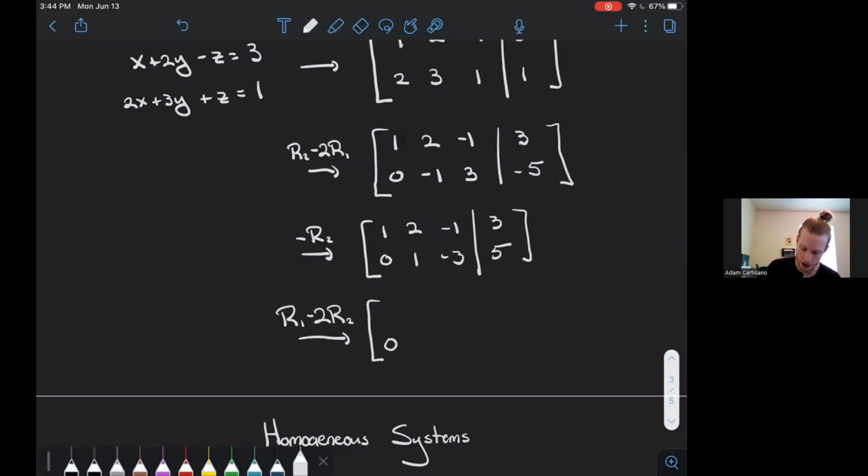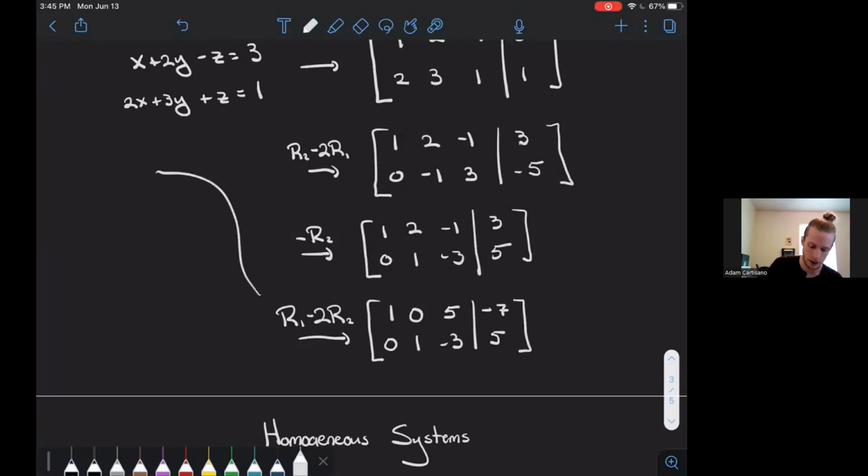The bottom row will stay the same, 0, 1, minus 3, 5. And the top row, the 1 will stay the same, 2 minus 2 is 0. Negative 1 plus 6 is 5. And negative 10 plus 3 is negative 7.